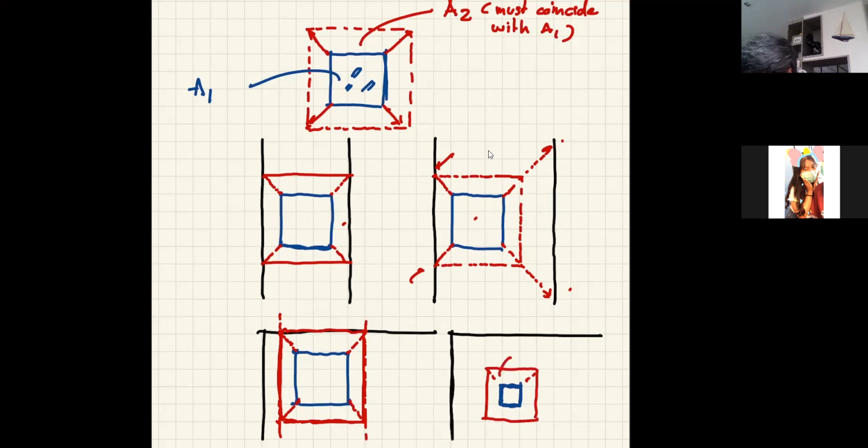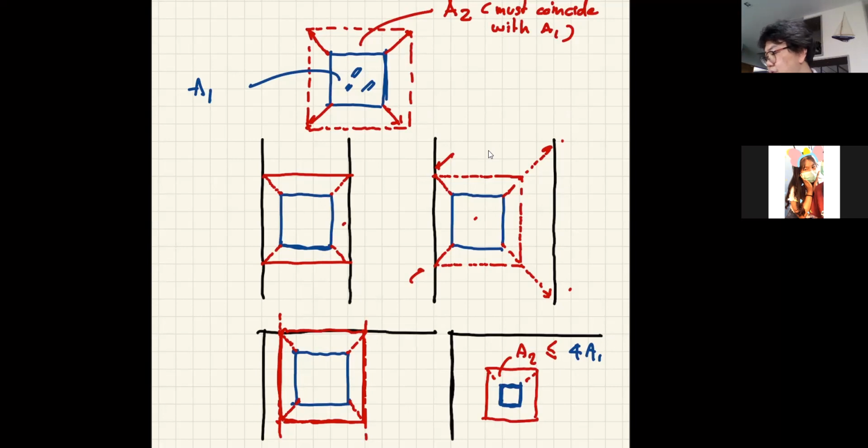So A2, no matter how big the area available to you, cannot be greater than 4A1. Okay, so you can use as much as you want as long as the area A2 does not exceed 4A1.